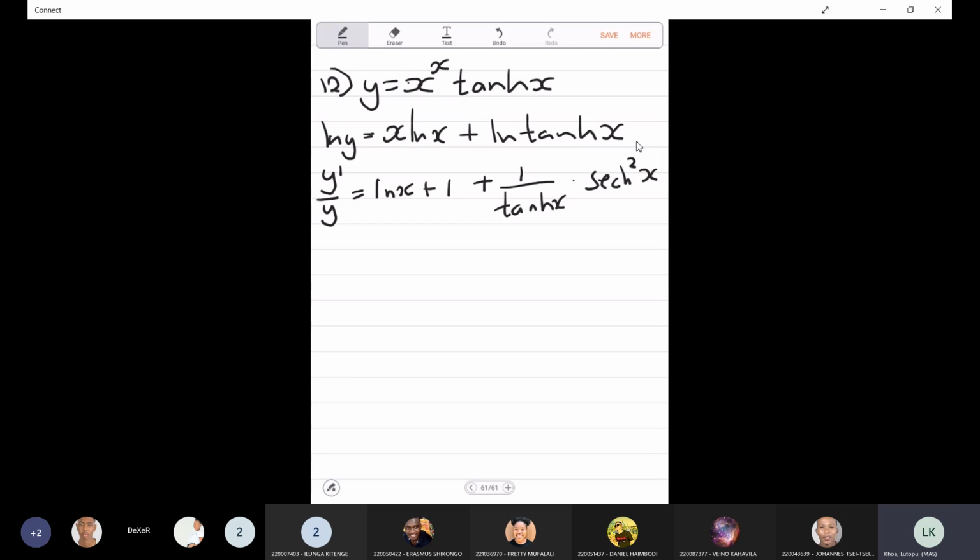Okay, simplifying as far as possible and making y prime the subject. We have y prime. This is y, say 1 plus ln of x. And we can always substitute our y with that if our y is not very long.